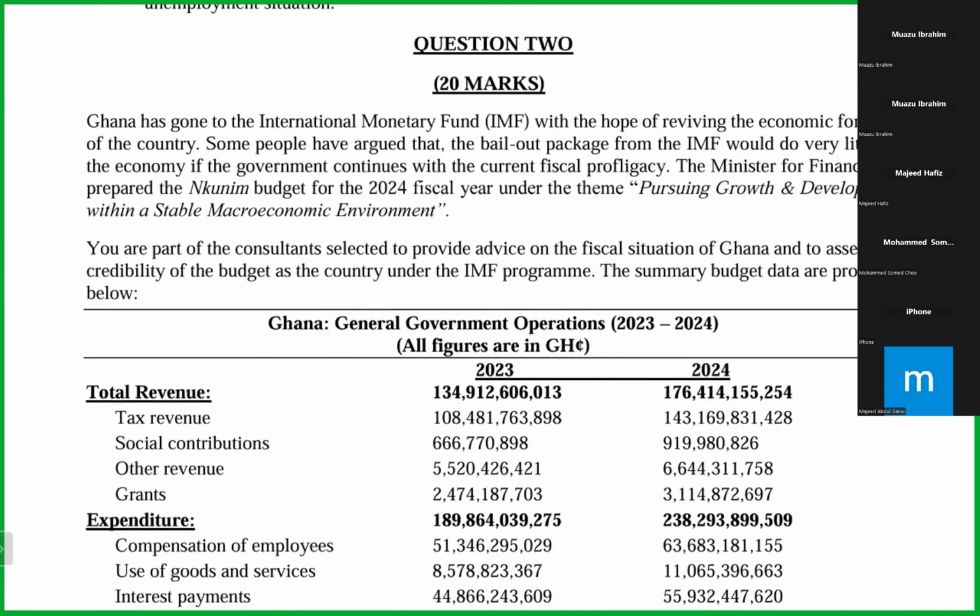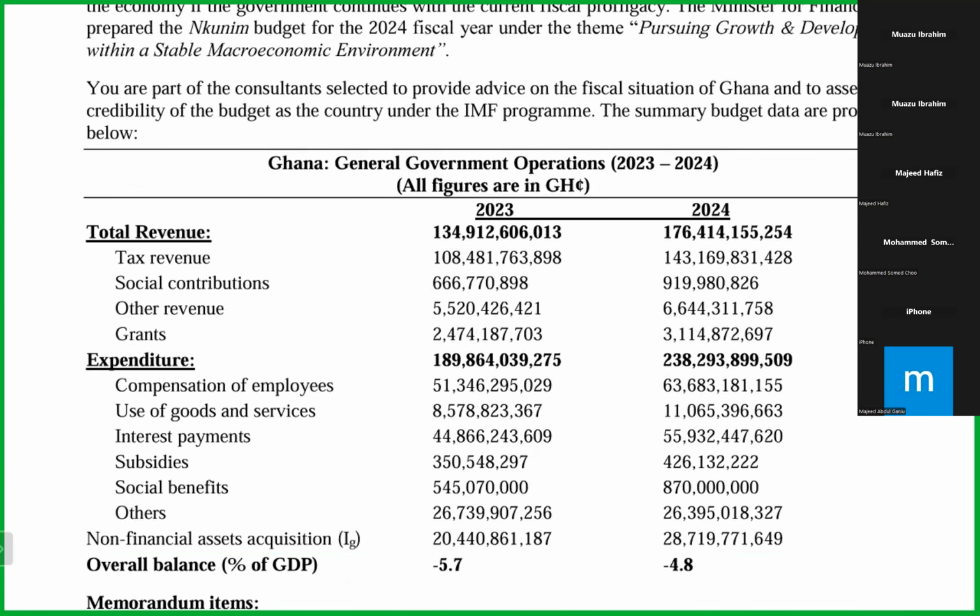So let's look at the revenue. Government is saying that I'm going to increase total revenue from 134.9 billion Ghana cedis to 176.4 billion Ghana cedis. So we will be happy, but you need to assess the credibility of this, because we know it is difficult to raise revenue domestically.